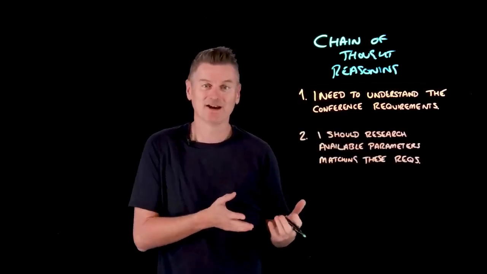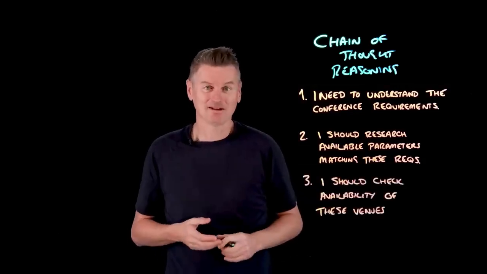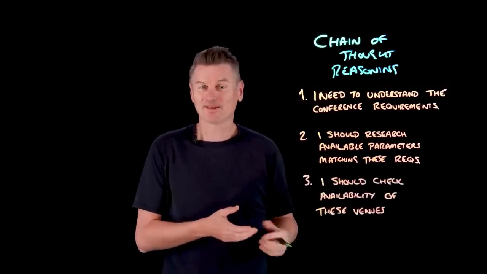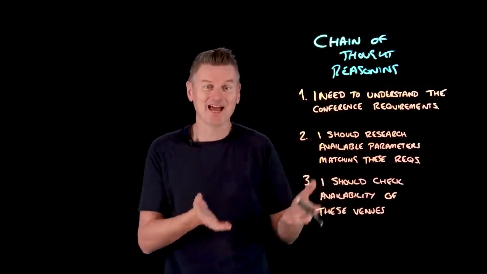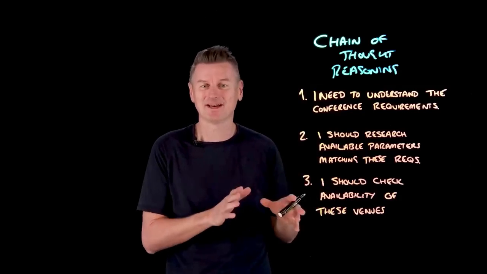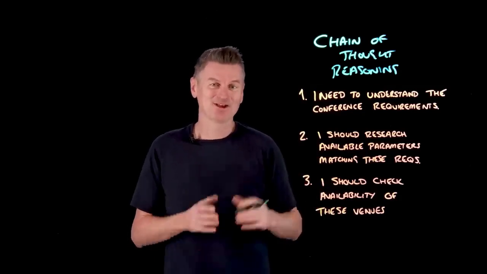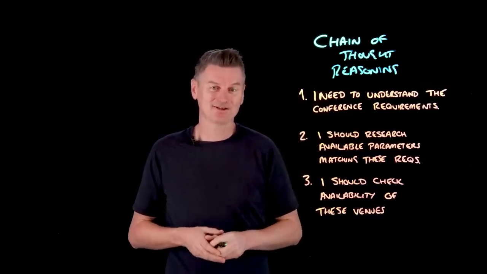Then I should research available venues, matching those parameters. Then it might think, well, for those venues that meet those requirements, then I need to check availability and so on. It's effectively the agent talking to itself to explore the problem space before taking action. GenAI is basically the cognitive engine driving an agent's decision making.